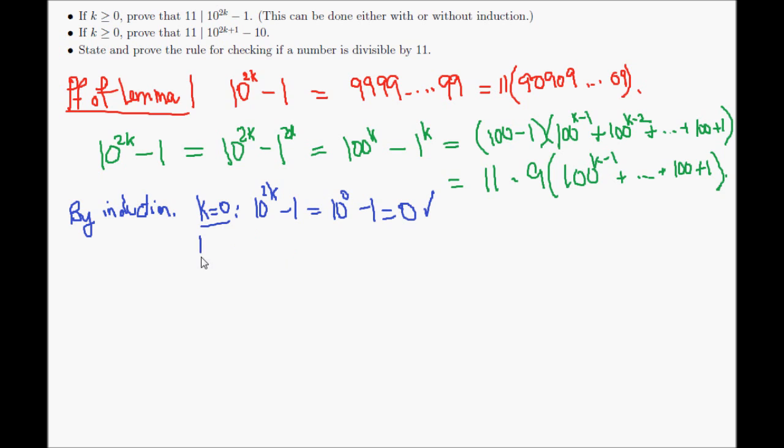Next, we do the inductive step, so assume that 10 to the 2k minus 1 can be written as 11 times something. So 11 times, say, little q, where q is an integer.